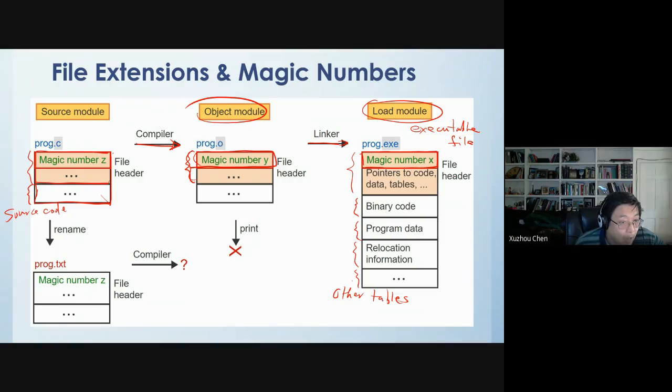However, the file extension somehow tells you what kind of file it is. .exe means executable. .o means it's an object module.